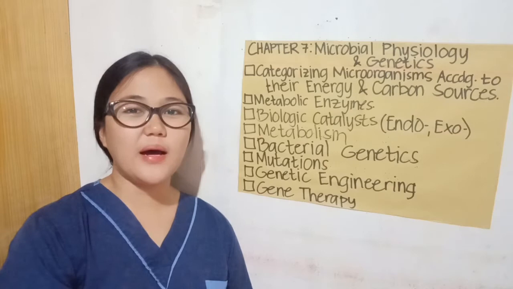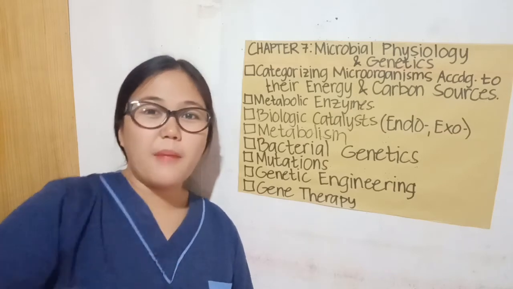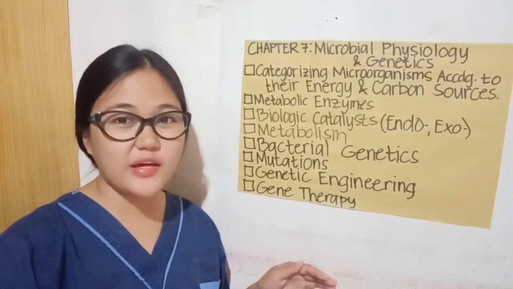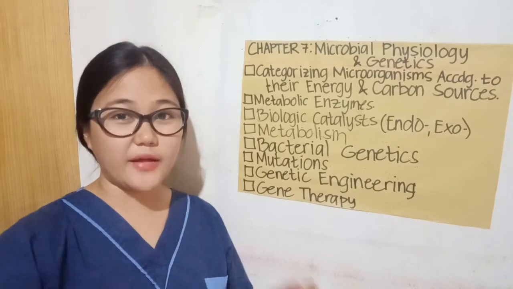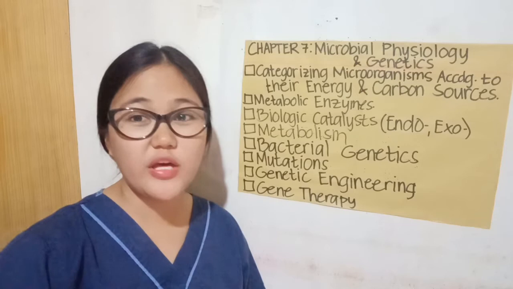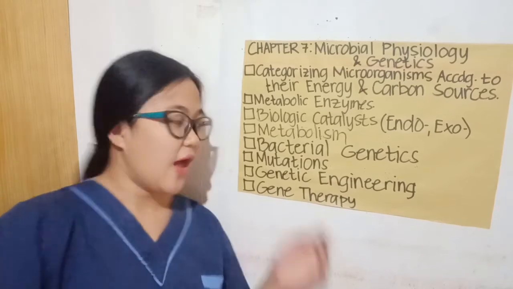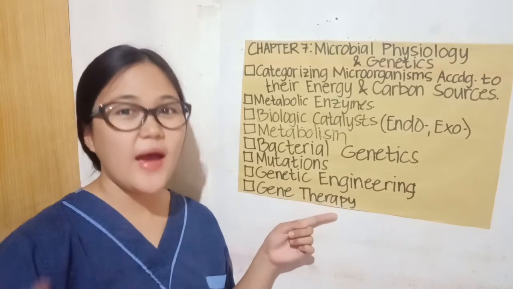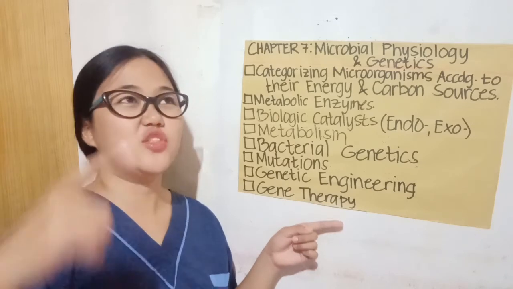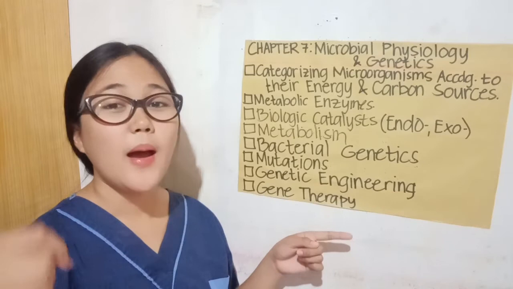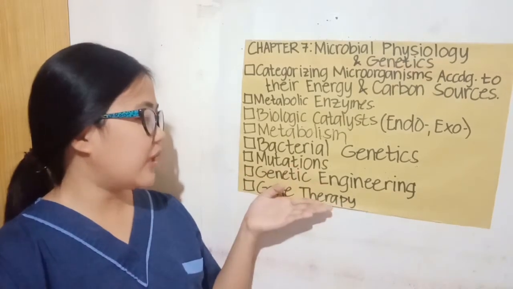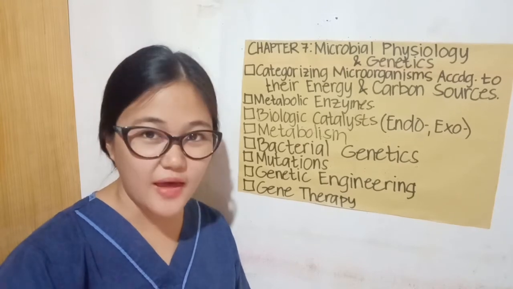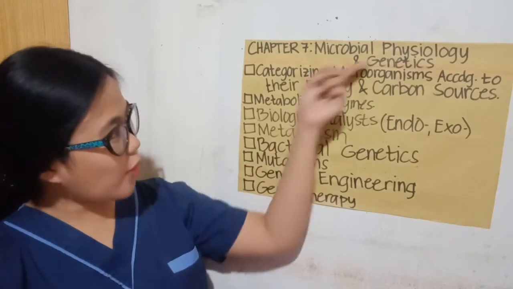To fix it, they inject normal genes into the defective or diseased cell to correct it. That is gene therapy: injecting normal genes into the defective cell. That process is called genetic engineering so that the cell can produce well. That is genetics.